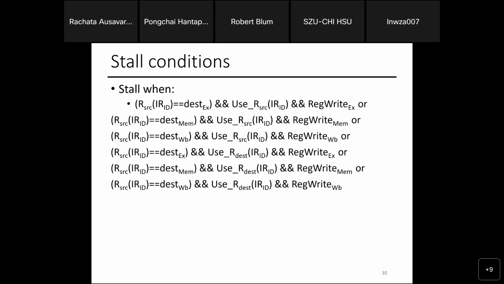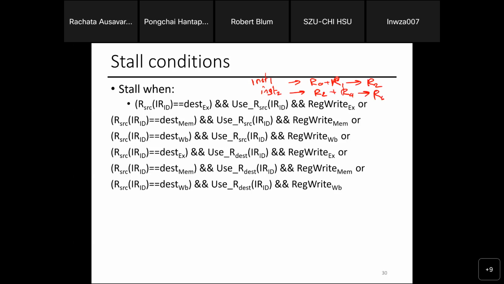Long if-else condition. I put it there in case you might want to come back and refer to this. The way you read this is, source means the source of my new instruction. Let's say instruction 1 is doing R0 plus R1 into R2, and then instruction 2 needs R2. So instruction 2 has to wait for R2 to be updated.